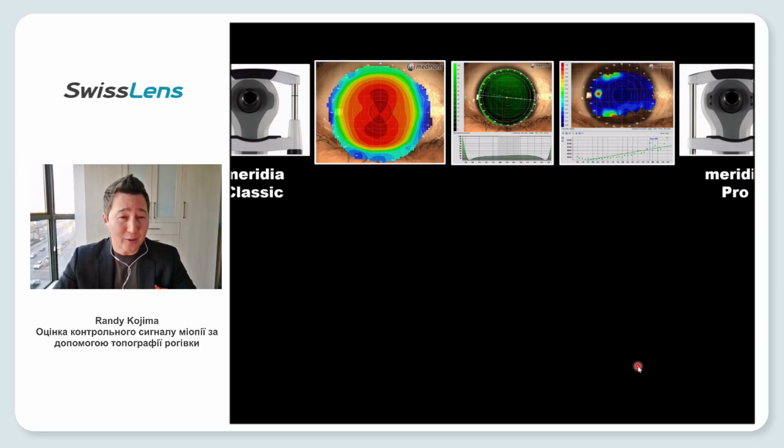Now, Marcus gave us some introduction to the Medmont, and I just wanted to reinforce what he said, which was so true. You saw such beautiful imaging from Marcus, and there's basically two versions of the Medmont, the Meridia Classic and the Meridia Pro. They both share all the topographical analyses, the same axial, tangential, elevation topography.